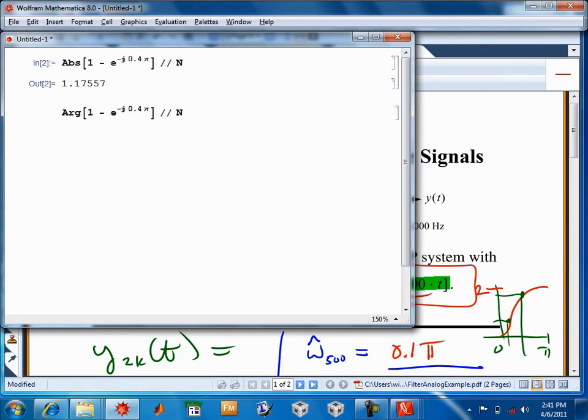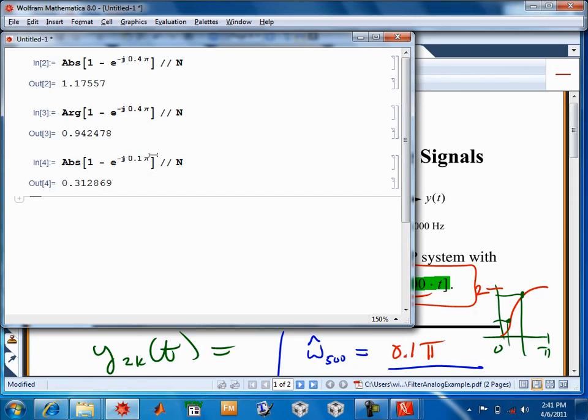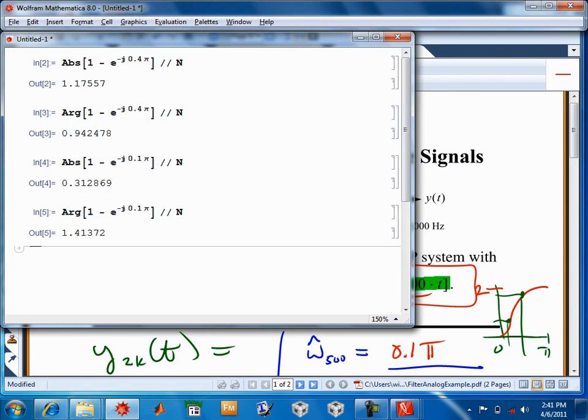And arg is angle. Okay, that's what you guys gave me, right? And then the other one was 0.1 pi, right? That's what you gave me, I think. I mean, within decimal points, of course. And then we wanted arg. That's what you gave me, to within decimal places. Okay, so we're good there.